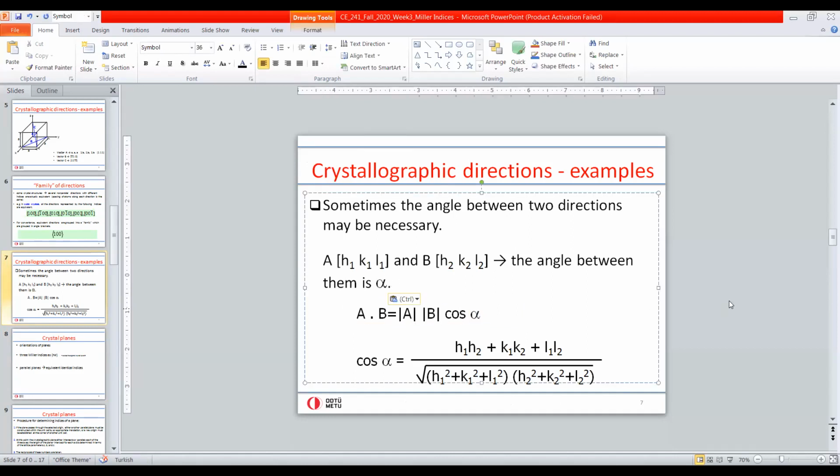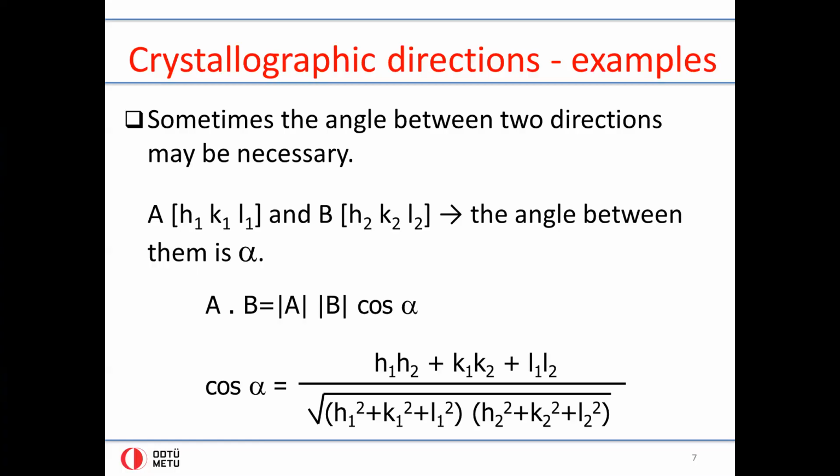The angle between them is described here as alpha. So if this angle is alpha, then this formula holds, and it means that cosine alpha, again from earlier math courses, we're not deriving this relationship, but we're just using it here, is possible to calculate by this formula here.